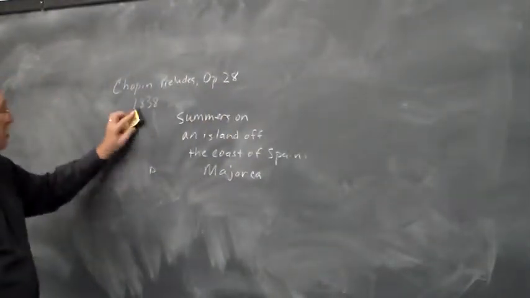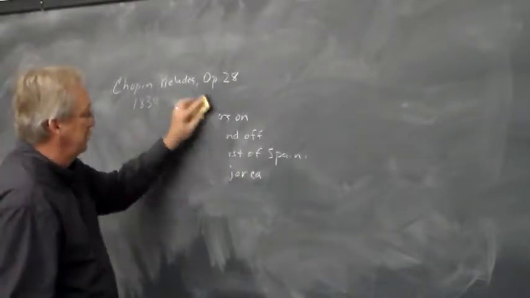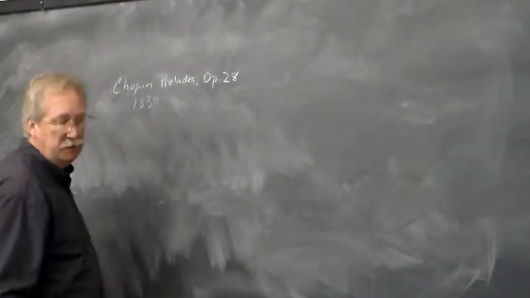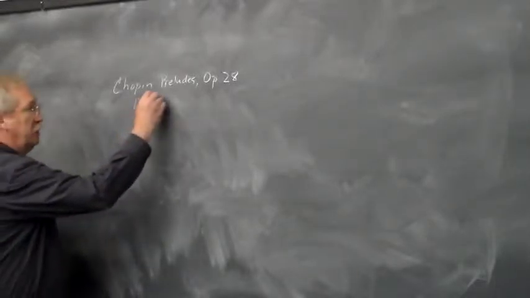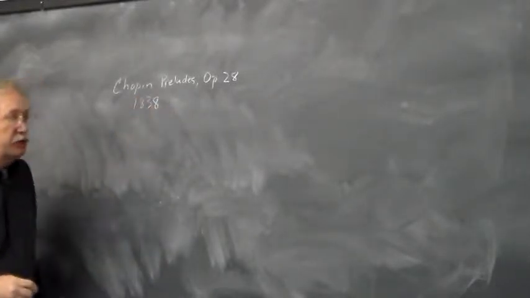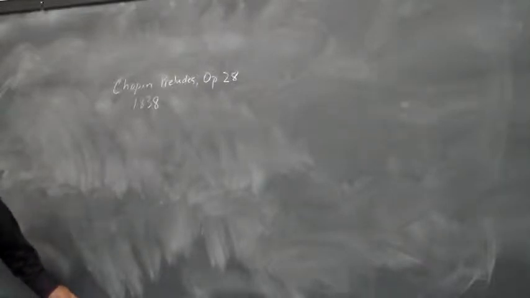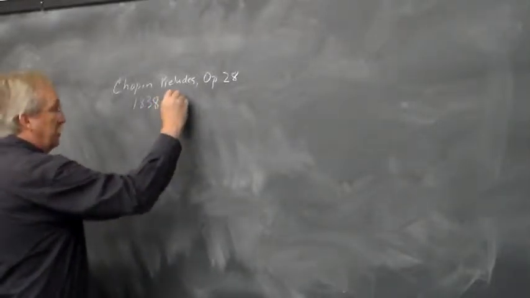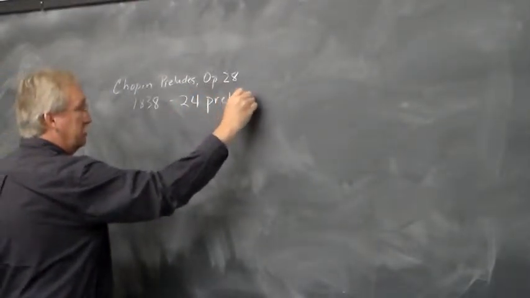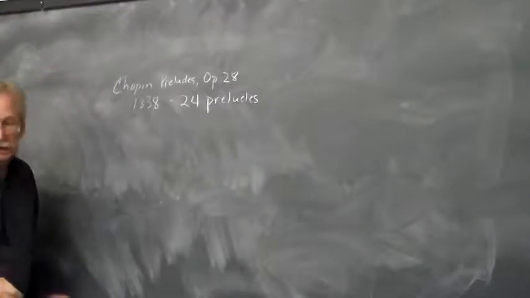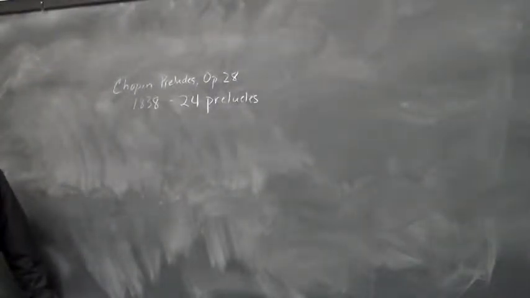So these preludes are influenced and based on the idea that Bach established in the Well-Tempered Clavier, in that there's one prelude for every major and minor key, but they're arranged differently as far as the order of keys. So there are 24 preludes in total, and now the prelude is just a generic type of character piece.